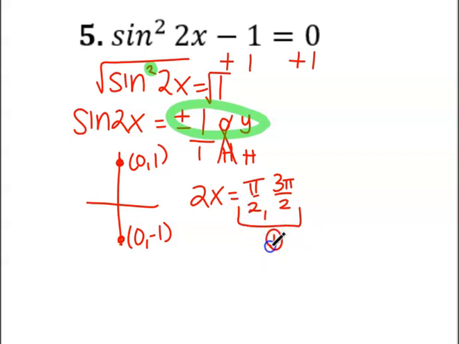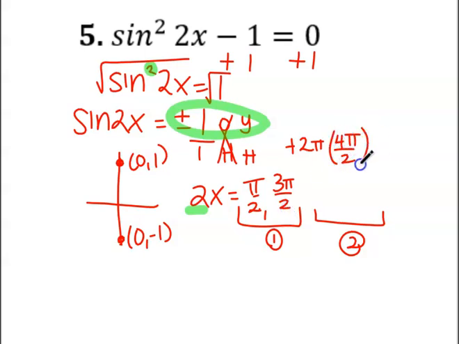There's 1 rotation. We need to do a second rotation because it's a 2x. So I'm adding 2 pi. Well, these have denominators of 2. So I'm going to think about this as 4 pi over 2. I just got a common denominator. So pi over 2 plus 4 pi over 2 is 5 pi over 2. 3 pi over 2 plus 4 pi over 2 is 7 pi over 2.